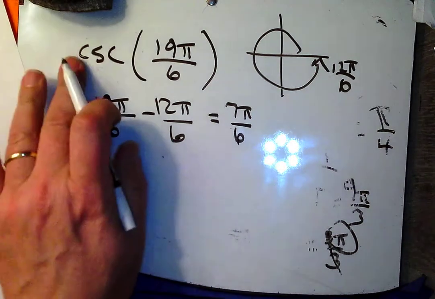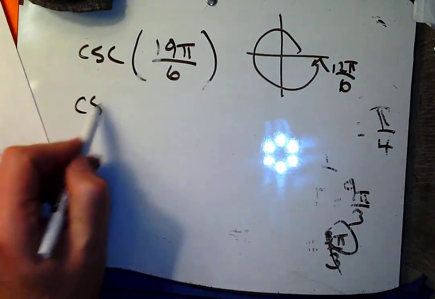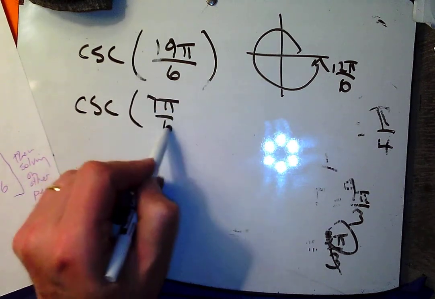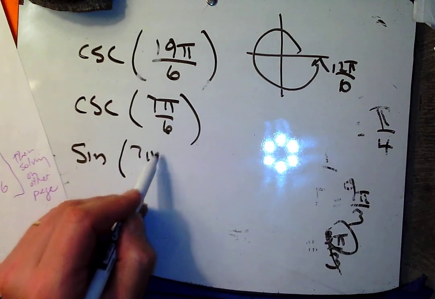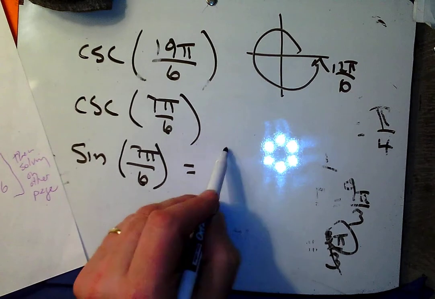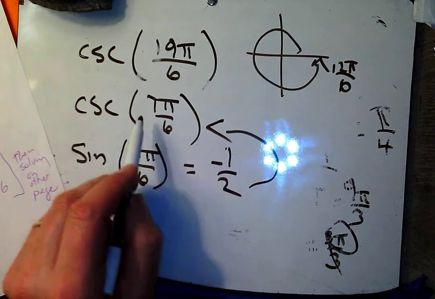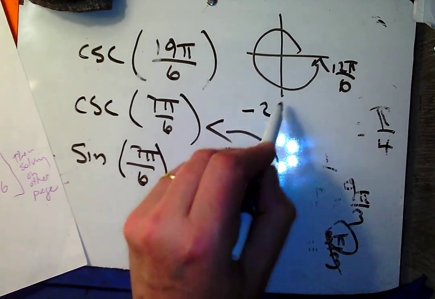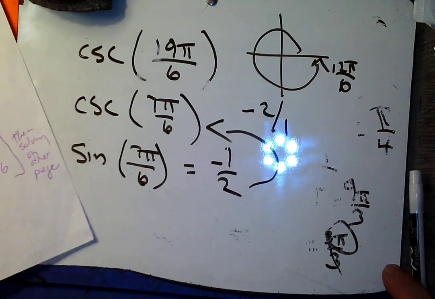Oh, so the cosecant of 19 pi over 6 will be the same as the cosecant of 7 pi over 6. So I know the sine of 7 pi over 6, the y value on the unit circle here, is negative 1/2. That means that cosecant must be the reciprocal of this, or negative 2 over 1. Okay? Cool.